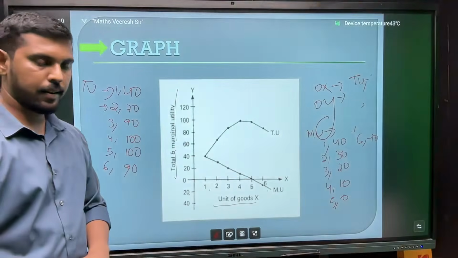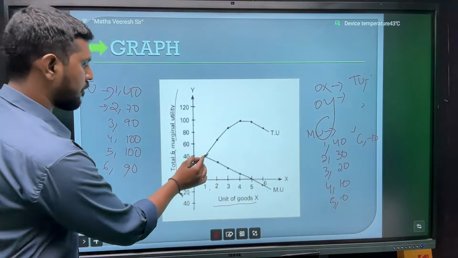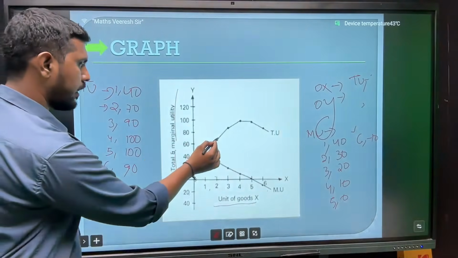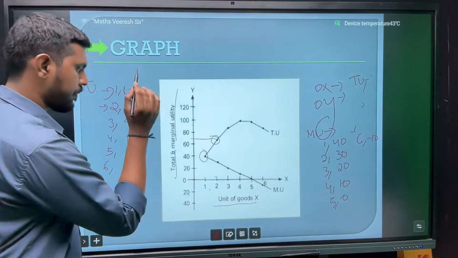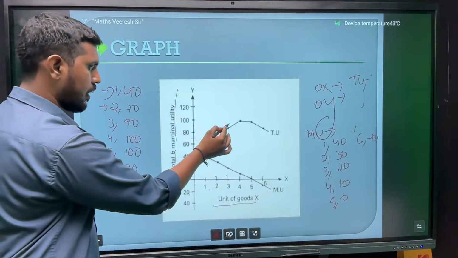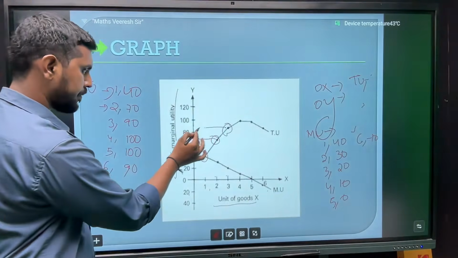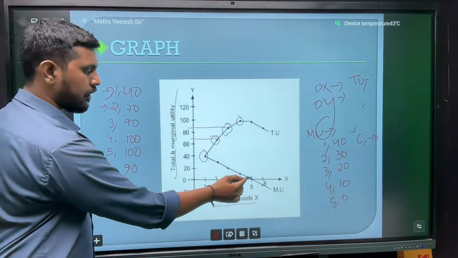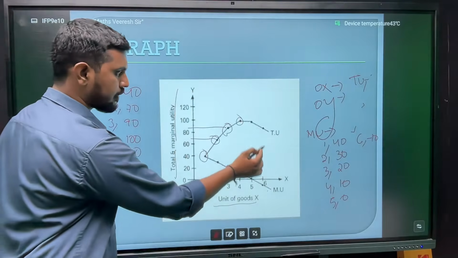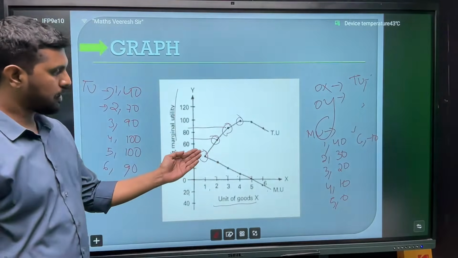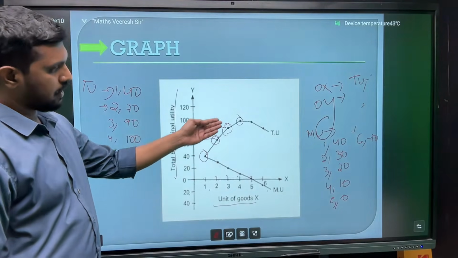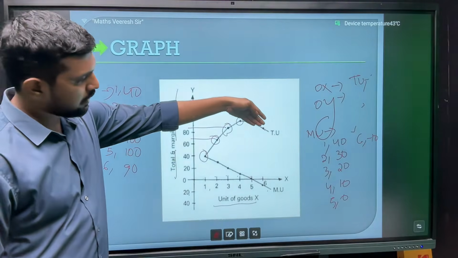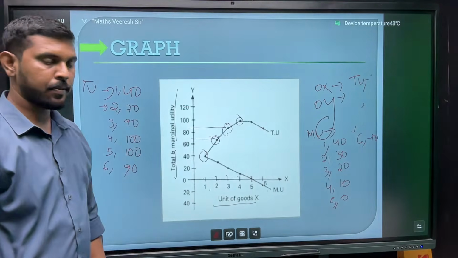Coming to the first one: 140, 270, 390, then the fourth, fifth, and the sixth it decreases. I told you, it increases, becomes constant, that is 0, and goes into the negative.